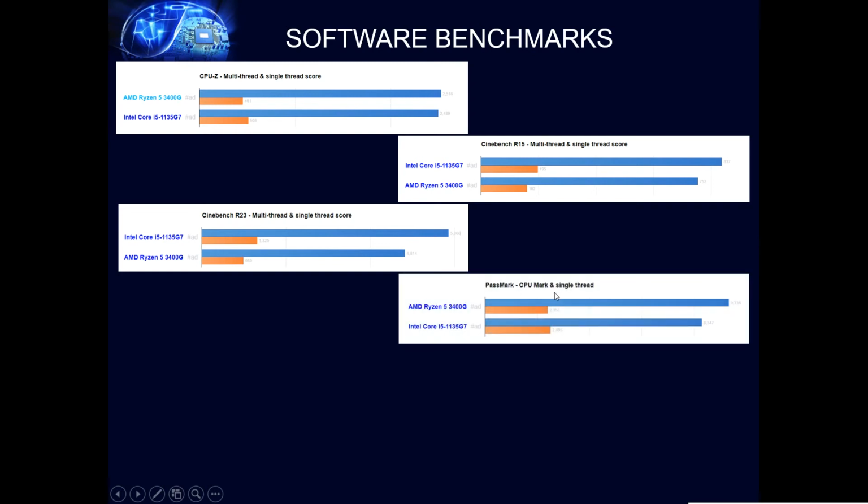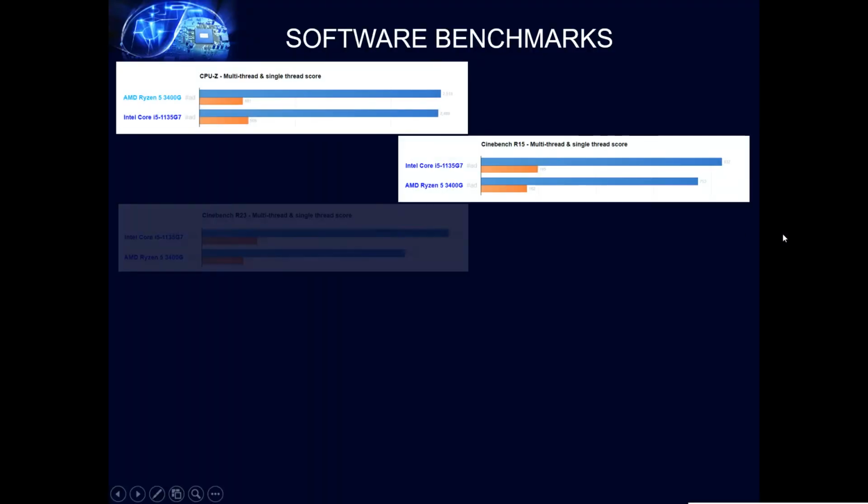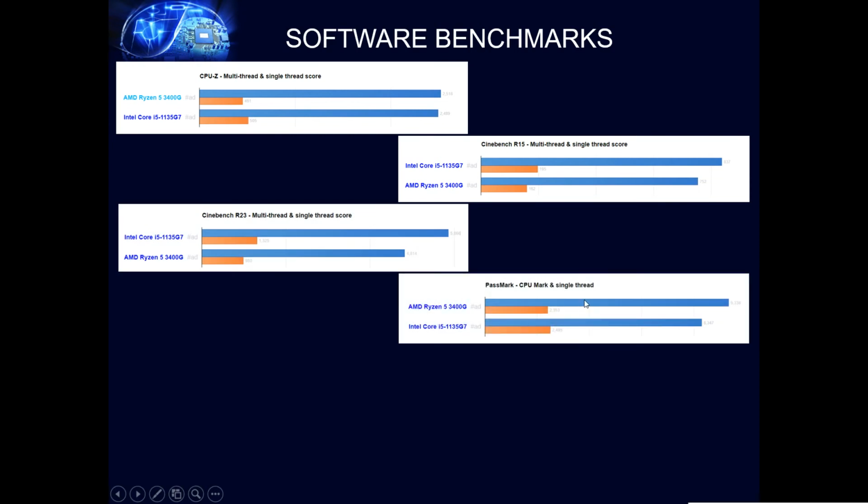And PassMark, CPU mark and single thread. As you can see here, the blue line, Ryzen 5, is the winner with 9,338, while Intel Core has only 8,347.